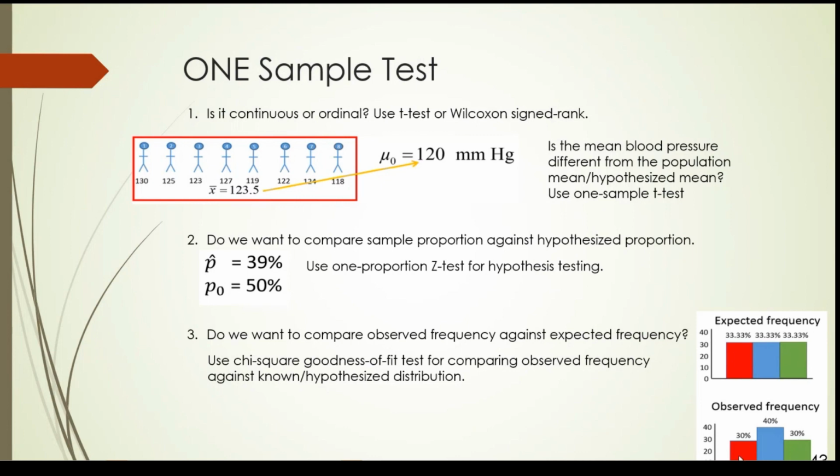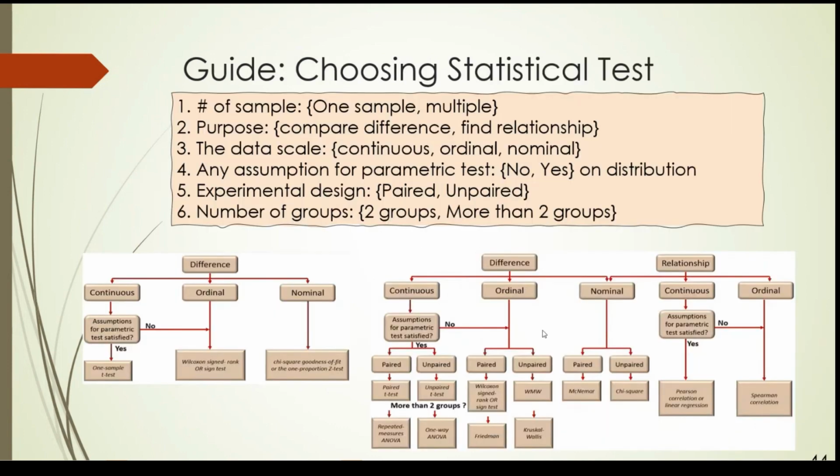Is this result significant enough to overthrow the expected frequency? How do we know it's significant enough? We use a chi-square goodness of fit test to analyze if the percentage is below a certain alpha, then we can do the rejection.